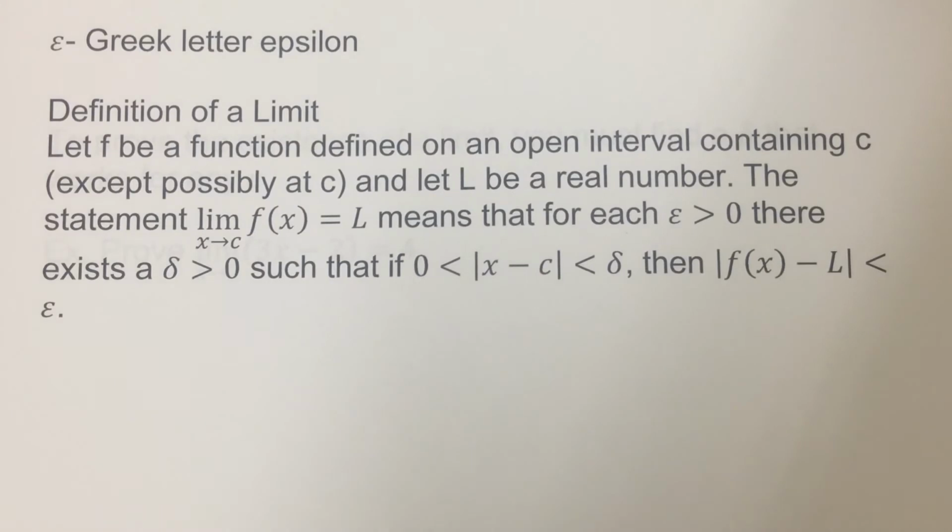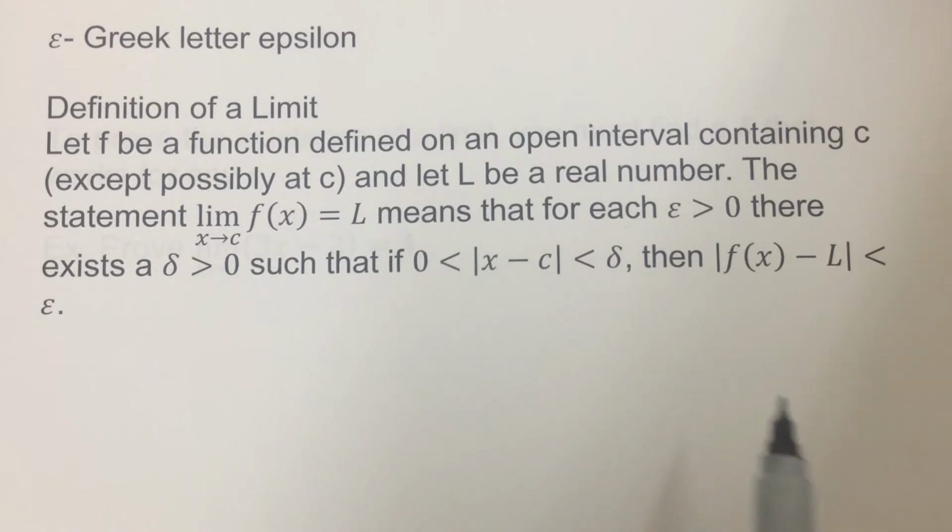So think epsilon is how close we are to our actual limit that we can say this is going to happen, and delta is how close we have to be to x in order for that limit to happen. So delta ties with x, epsilon ties with y. So these are going to be the base equations that we're going to use in order to show that the limit's going to happen.